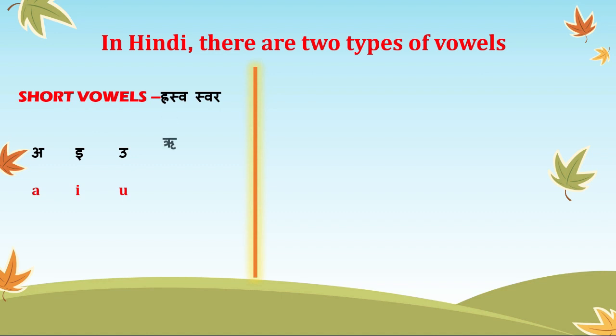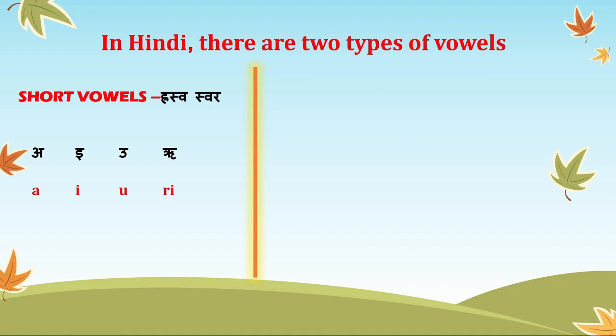Next, Ri, in English, R-I as in rib, R-I-B, rib. Most important, Ri is different from Re in pronunciation. Ri is used in writing only Tatsam and Sanskrit words. I will cover this topic in more detail in my other videos.